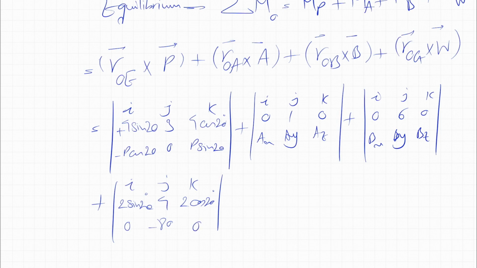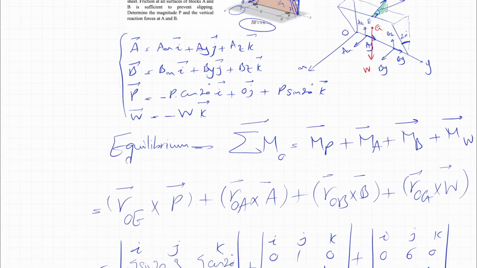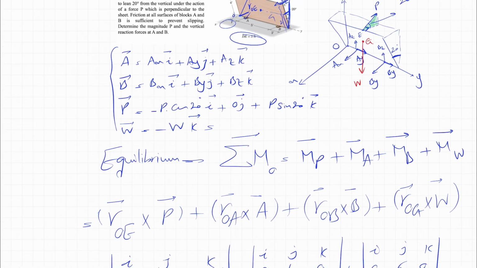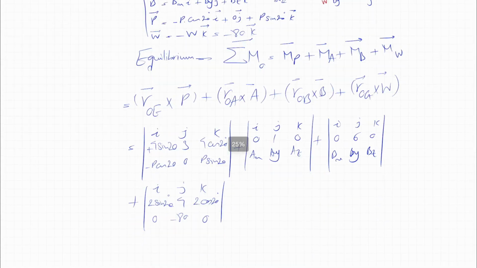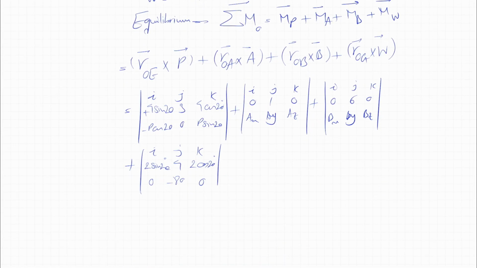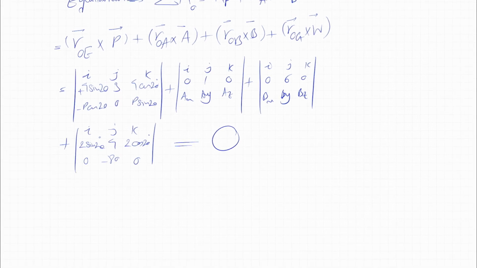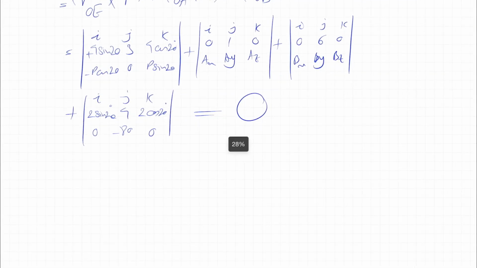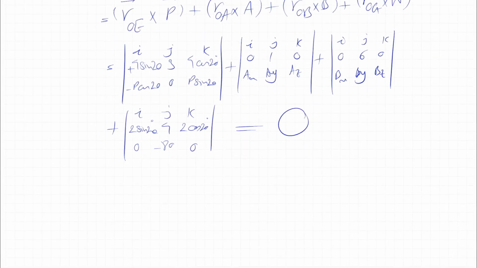What we have for the weight is just the weight of the sheet, which from the question we know is 80 pounds, and there is no I and J component. So we're just going to put that in here, and that's pretty much all we have. Since we are in equilibrium, this has to be 0.